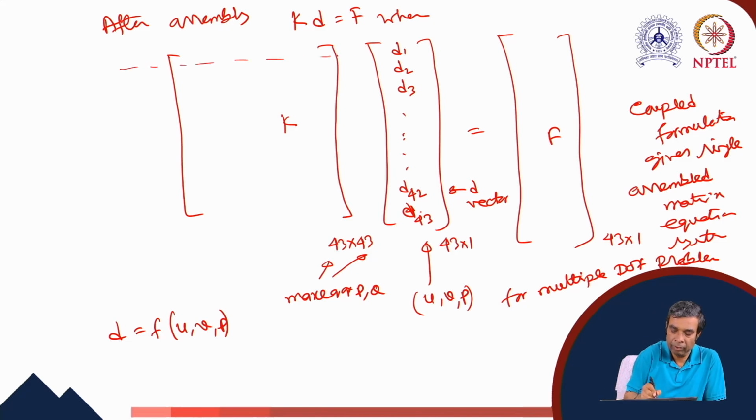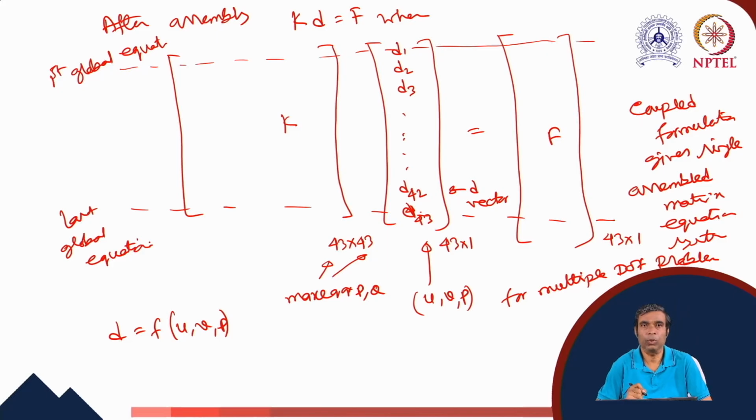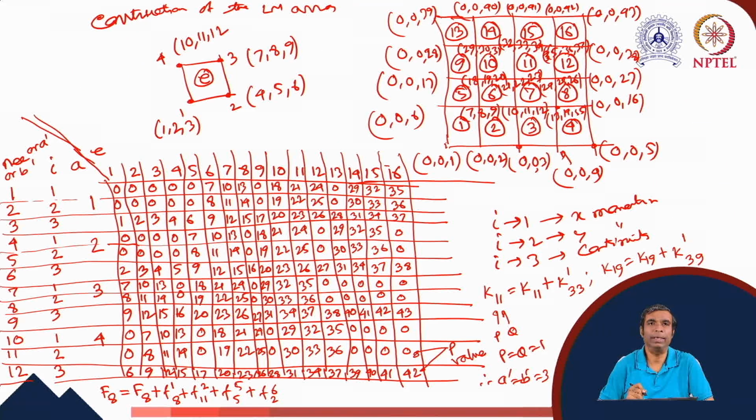This contains U, V and P as per the boundary conditions. So this is the first global equation, and this is the last global equation. If we go back to the LM array, then we see that this first global equation which we got is contributed by the degree of freedom 3, or it is contributed by the equation for pressure.